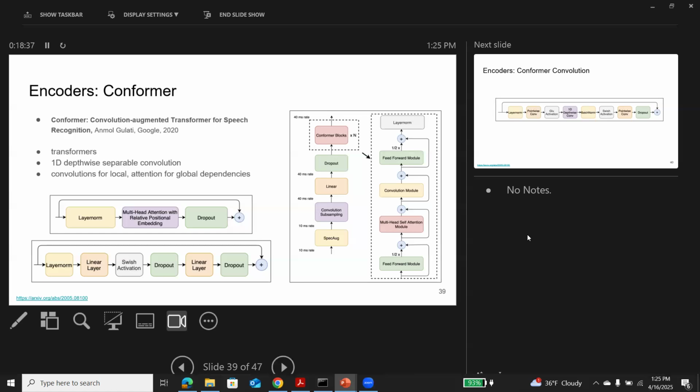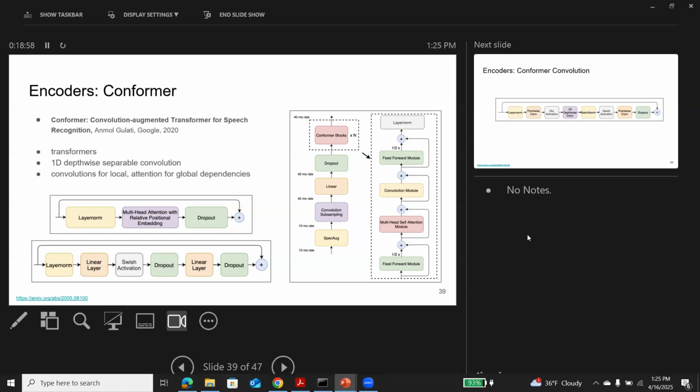People notice that instead of using just the transformer, which we used in language models in NLP, for speech, it's a good idea to add convolutions. They call this conformer instead of transformer.